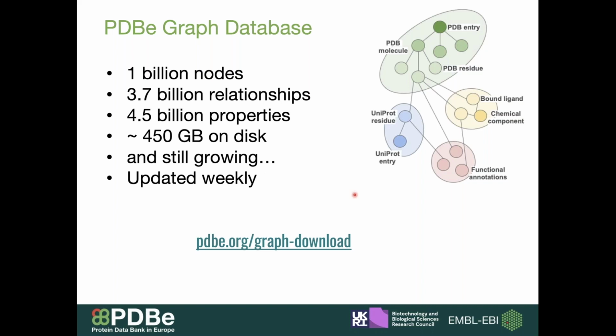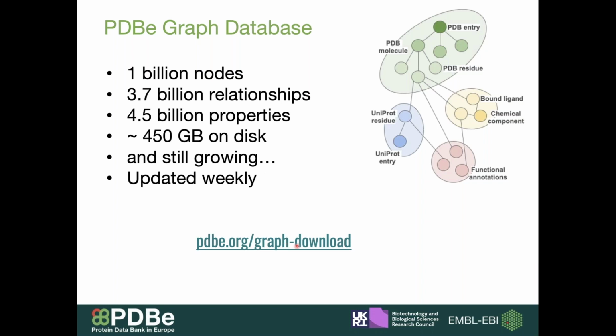We load the database as part of our weekly release process and distribute it on the public FTP to be used by the community. You can find more information on how to download the PDBe Graph Database by using this link.